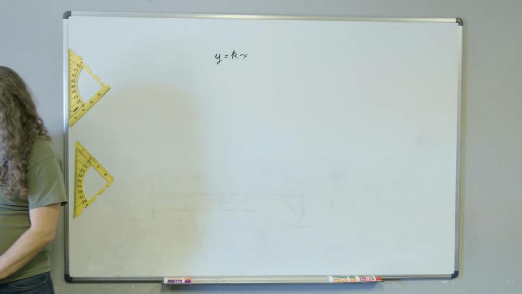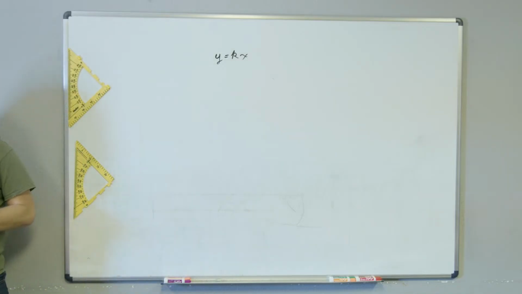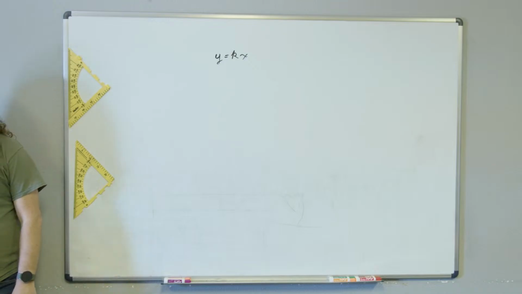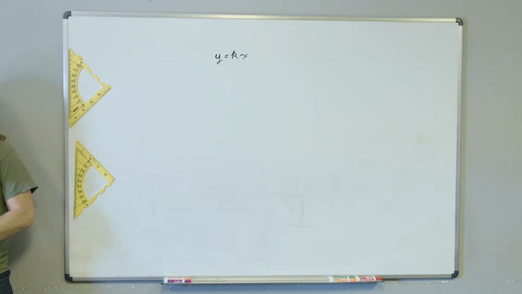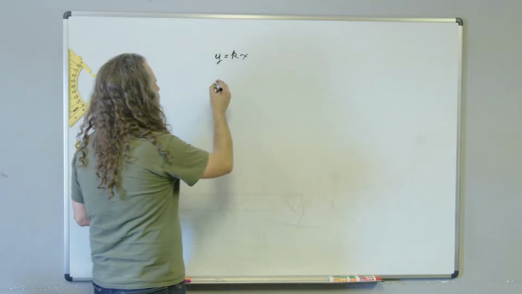It says if y equals -6 when x equals 9, find x when y equals -3. So what do we do? You substitute -6 for y. Great.